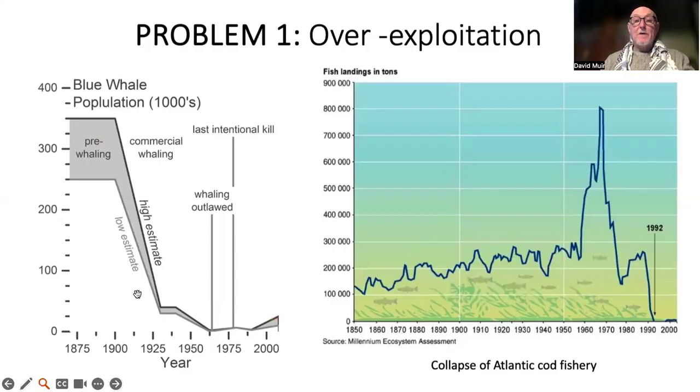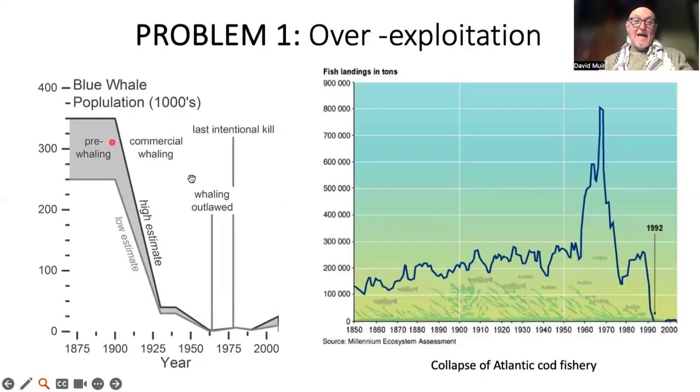So this is a typical story. A high population, a useful population gets overexploited, and it's overexploited profitably for a while, and then it crashes, and then we run in and we try to repair the situation by putting a ban on, but we've got a very long way to go from our current populations back to the original population.